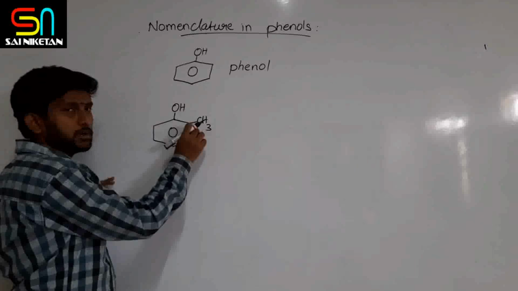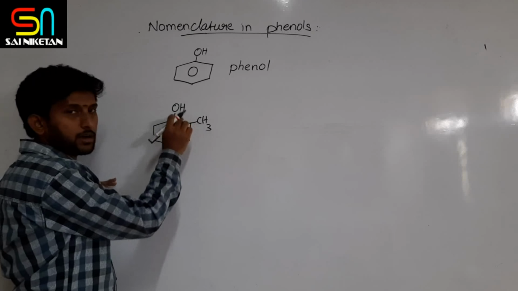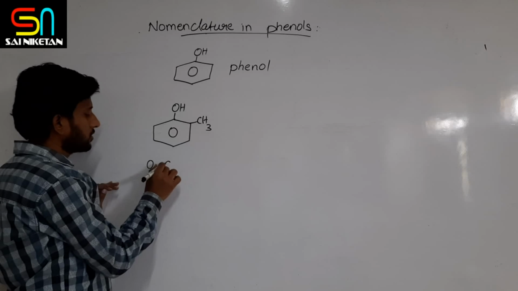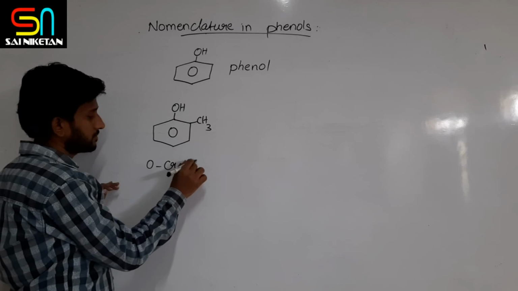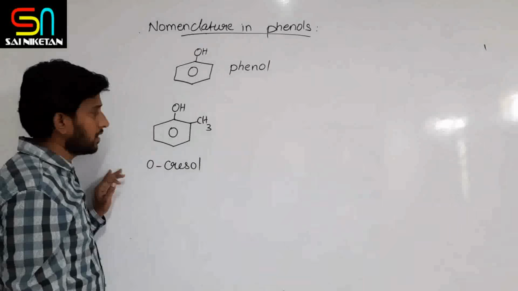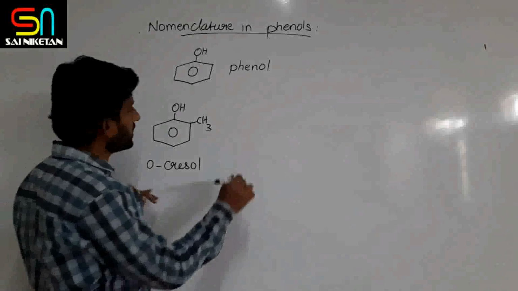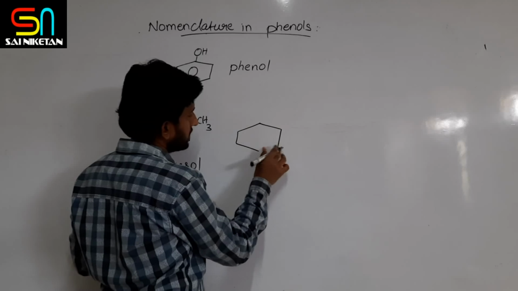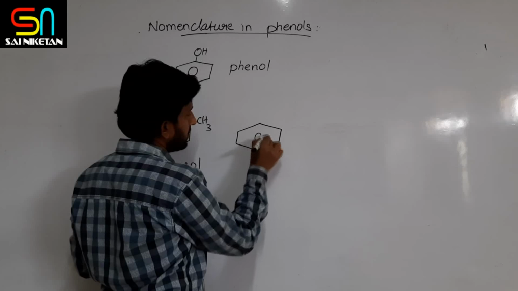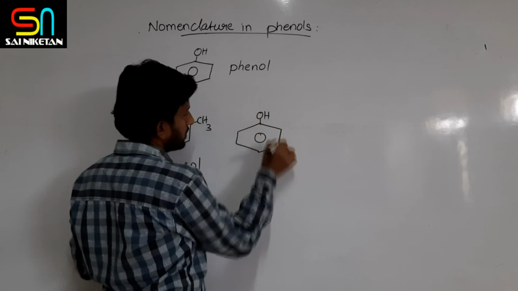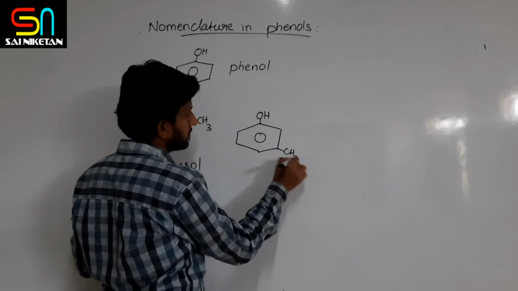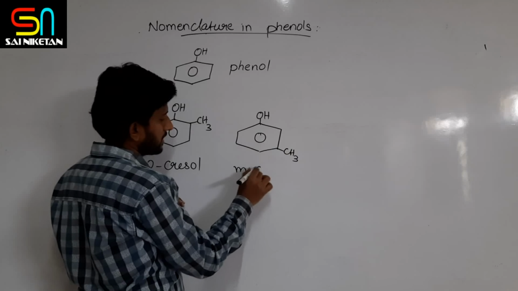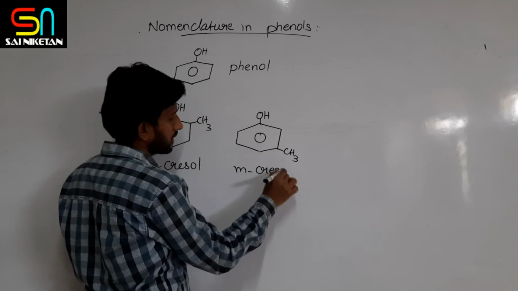If the methyl group is adjacent to the alcohol group on the benzene ring, then it is called ortho-cresol. If the methyl group is present at the meta position on the phenol ring, it is called meta-cresol.